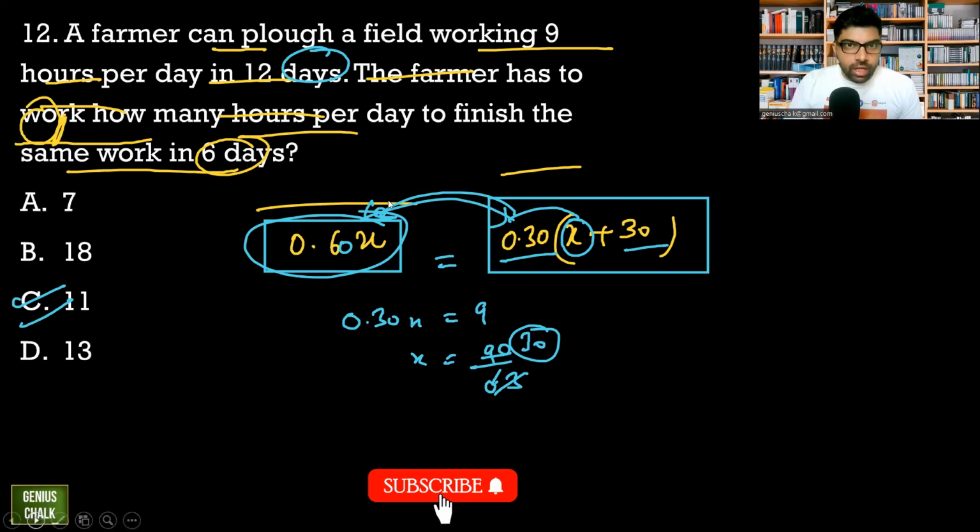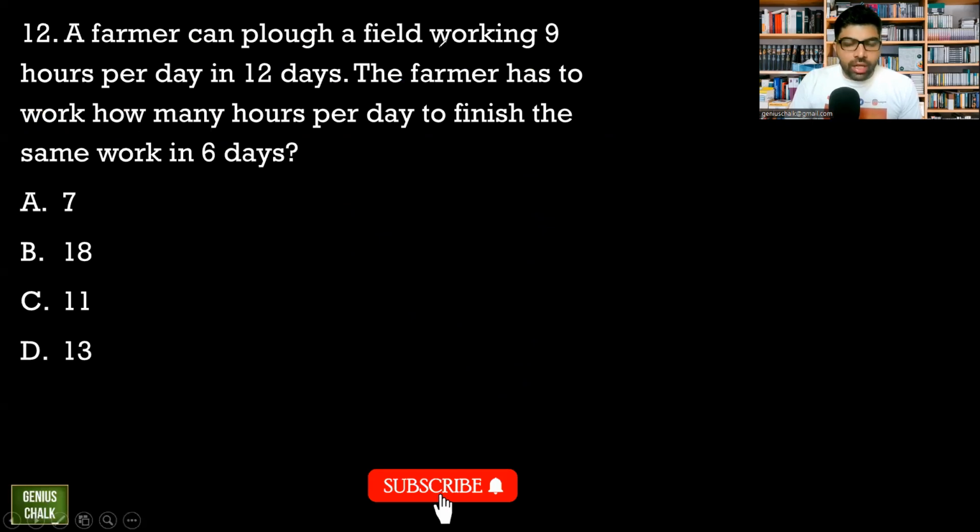A farmer can plow a field working 9 hours per day in 12 days. Okay, so you know that M1 D1 H1 equals M2 D2 H2. Same work, same farmer, doing the same work in different scenarios. So H1 is 9 hours and H2 is also there.